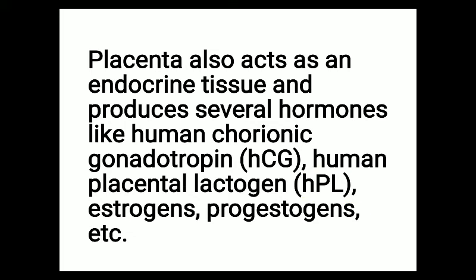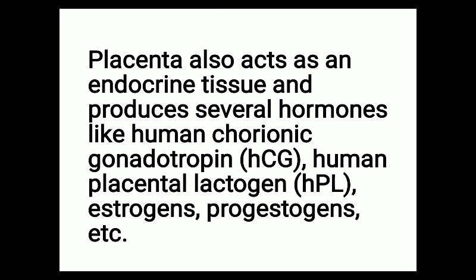And the placenta also secretes estrogen and progesterone. A straightforward question will come: name any four hormones which are secreted by the placenta. What will be our answer? Human chorionic gonadotropin, human placental lactogen, estrogen and progesterone.